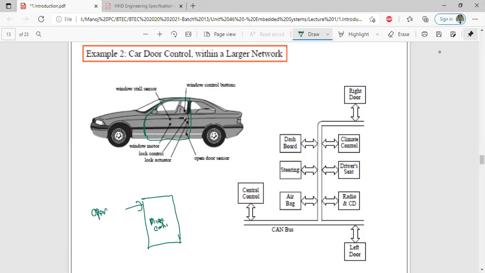Open door sensor, and then here output, window motor, then another sensor, window stall sensor. Then here window control buttons, they are also given as inputs, right?